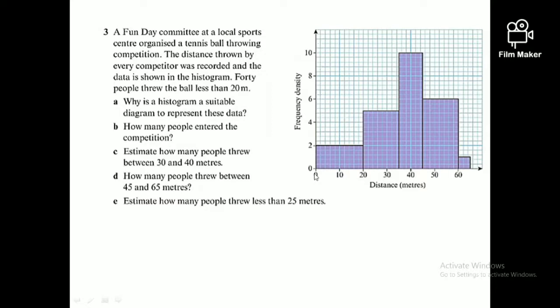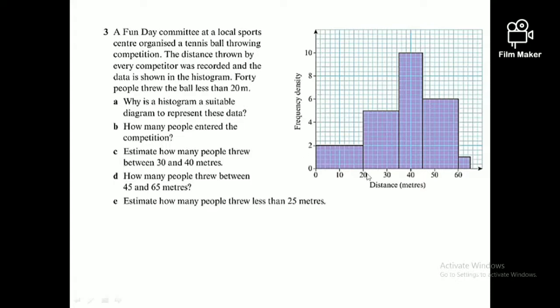So what you can understand here is there are two methods you can use. The first method is we can count the value of a small box, and then work out the rest. Here to here there are 10 boxes. 10 into 2 is 20. 20 represents 40 people.